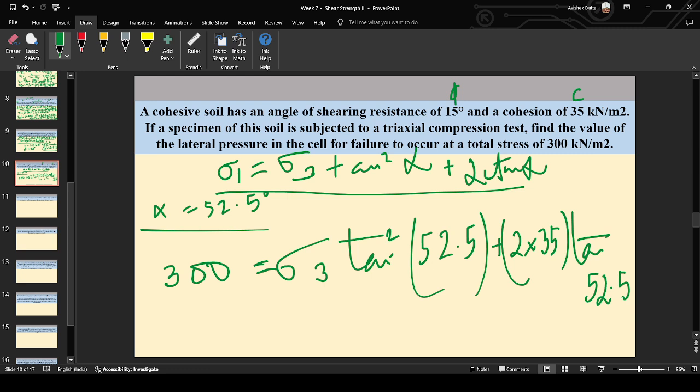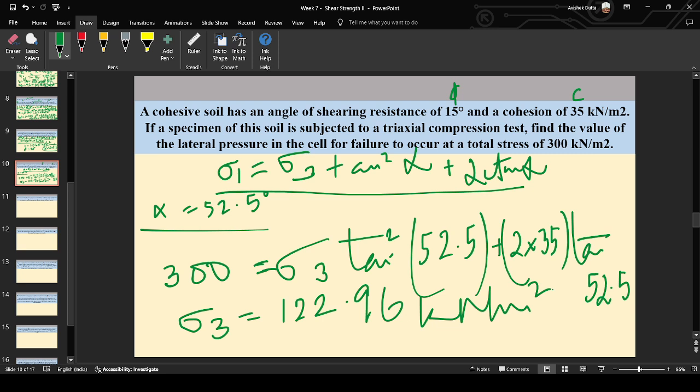Okay, now just rearrange this equation and you will get the value of sigma 3. We have to find out the value of lateral pressure in the cell for a failure to occur at total stress of 300. So the value of sigma 3 will be approximately 122.96 kilonewton per meter square. Okay, simple sum.